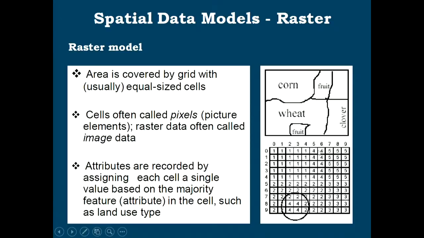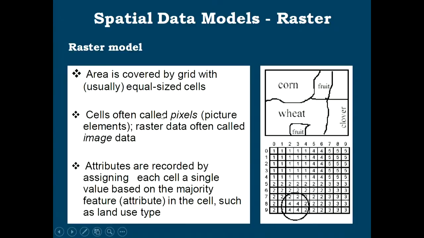Wheat is represented again, you see 4 here and 4 over here also. Similarly, clover is represented by the number 3. So Earth's features are represented in the form of a grid. This grid is of utmost importance in raster data handling.